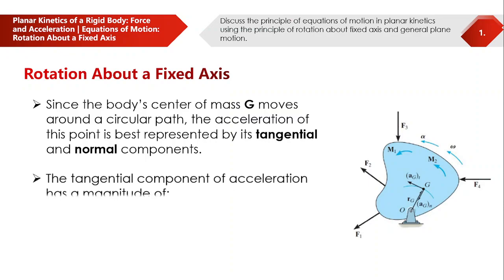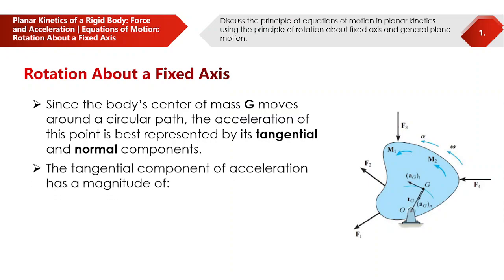The tangential component of acceleration has a magnitude of a sub g sub t, which is equal to alpha, the angular acceleration, times r sub g, the distance from the fixed point to G, the center of mass.